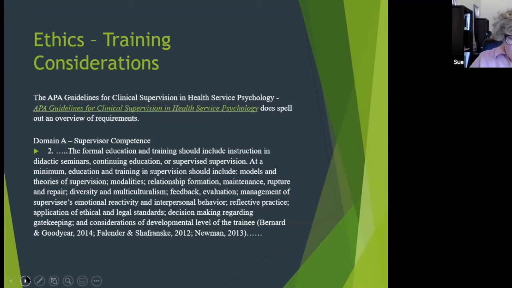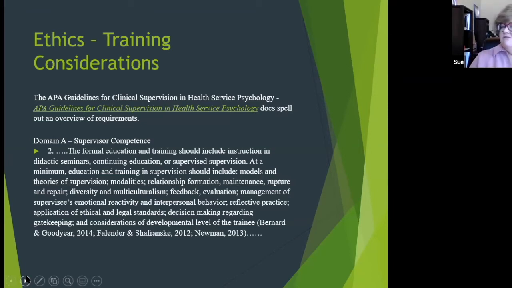And I have to admit, one graduate program that I know of is basically set up as an independent study. You're to basically read the Bernard and Goodyear book and write a report, and that's the class.